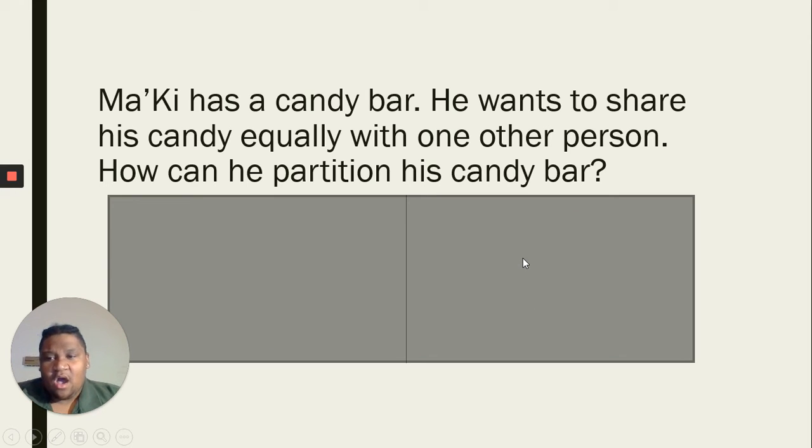Now, what do we call 2 equal pieces? We call that halves. Now, I want you to identify the fractional unit for halves. So, this is 1 over 2, 1/2.